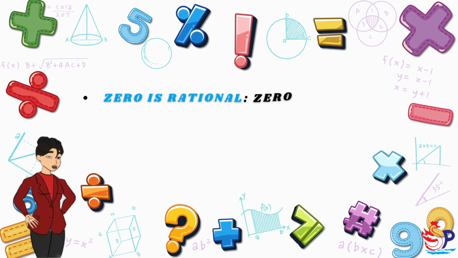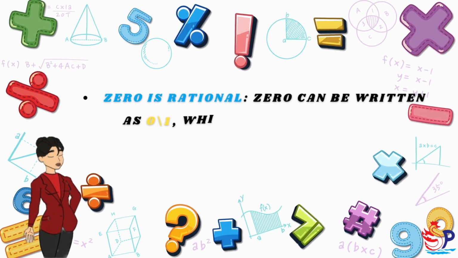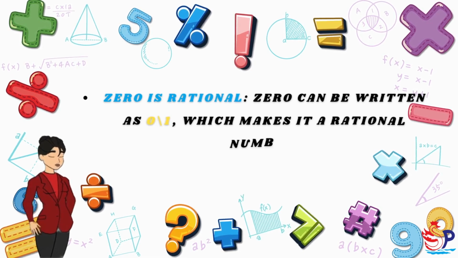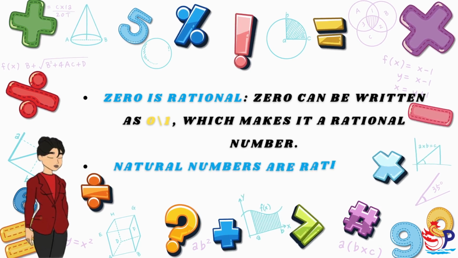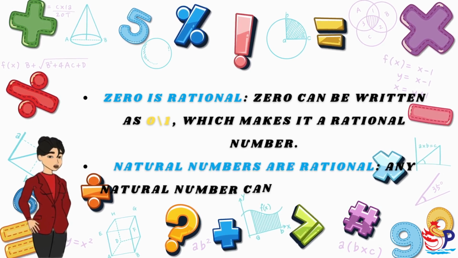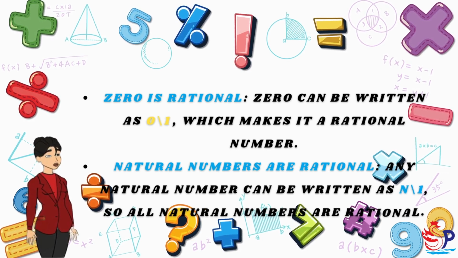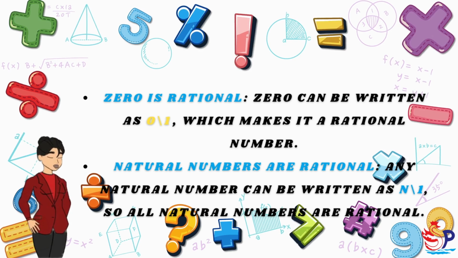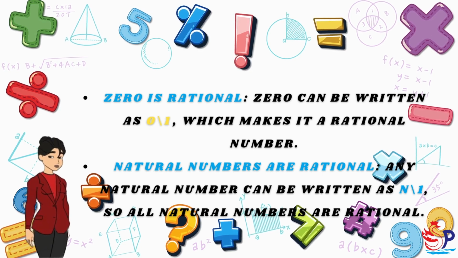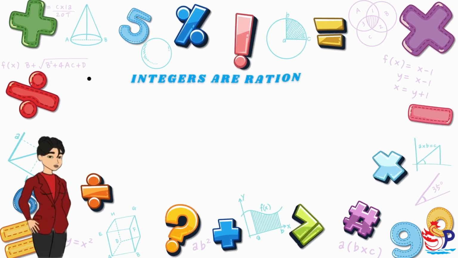0 is rational. 0 can be written as 0 by 1, which makes it a rational number. Natural numbers are rational. Any natural number can be written as n by 1, so all natural numbers are rational. Integers are rational.